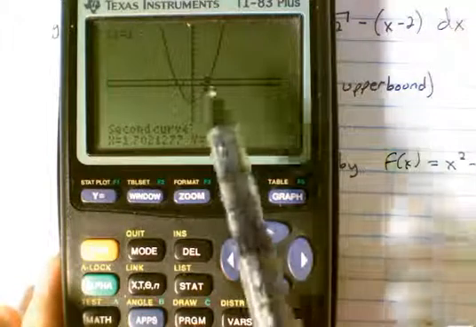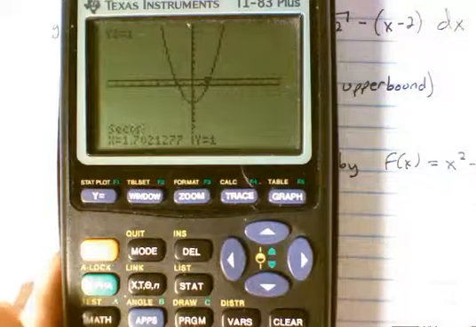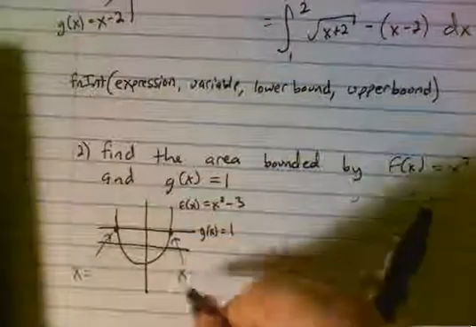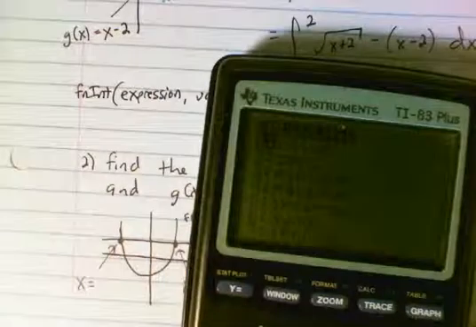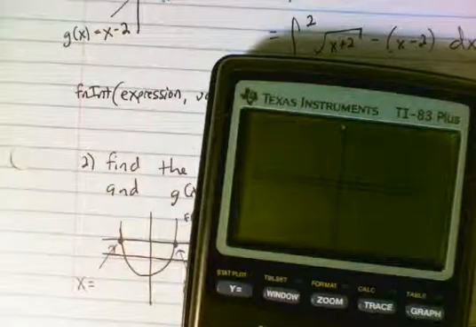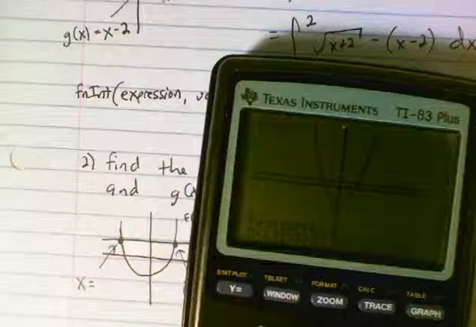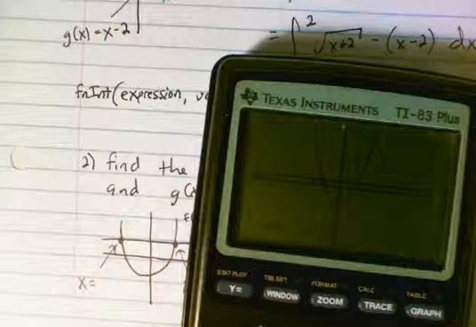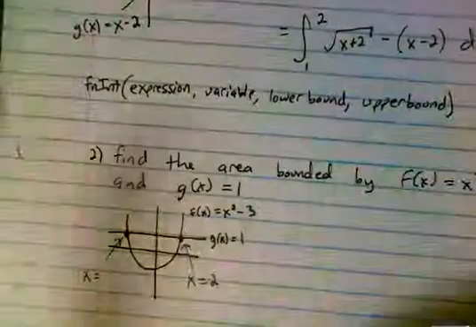It's going to switch us over onto the second curve. We hit enter. Then when we hit enter a third time, it'll give us the x and the y coordinate for that intersection. So in this one, x equals 2. On the other one, we do that again. Second calc, intersect, that's number 5. Go over here. It says x is negative 2.